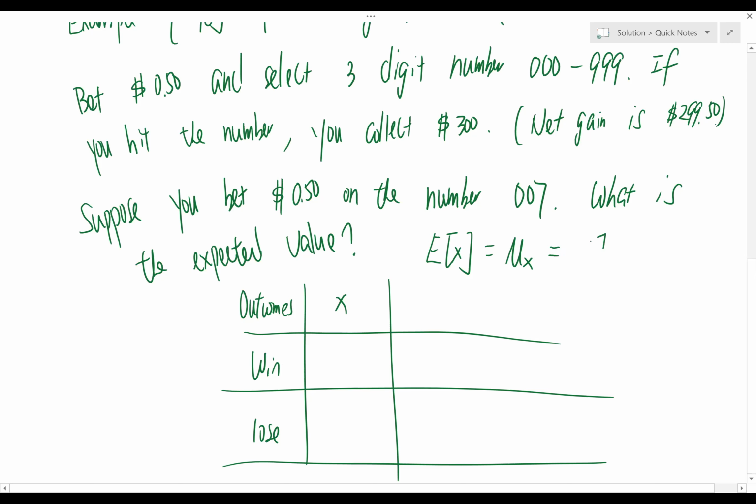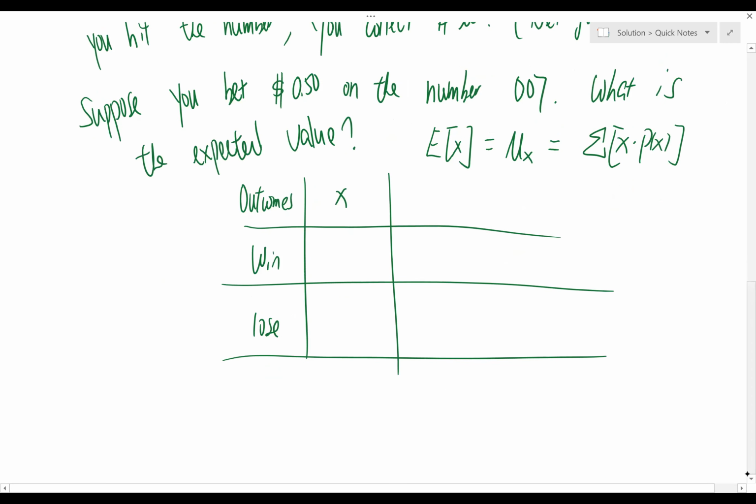This is the summation of x times p of x, where p of x is the probability of x. X here, for an investment or gambling activity, usually means your monetary reward or your monetary loss.